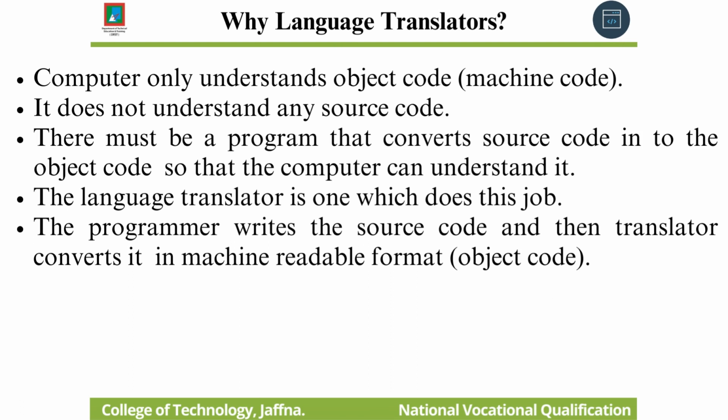There must be a program that converts source code into object code so that the computer can understand it. The language translator does this job. The programmer writes the source code and then the translator converts it into machine-readable format, object code.